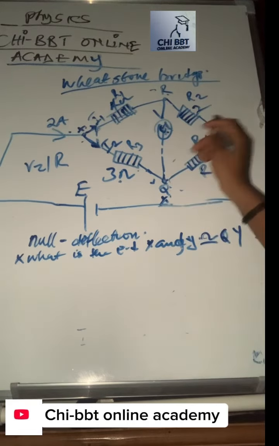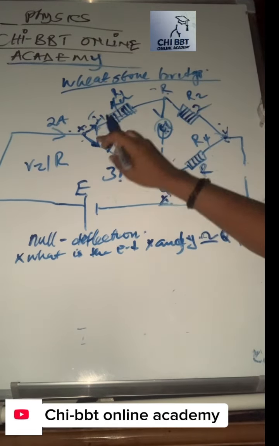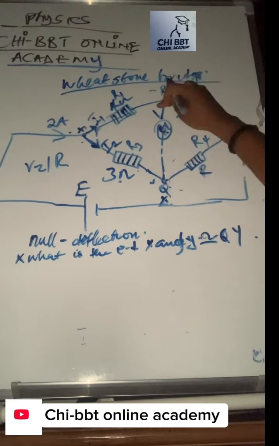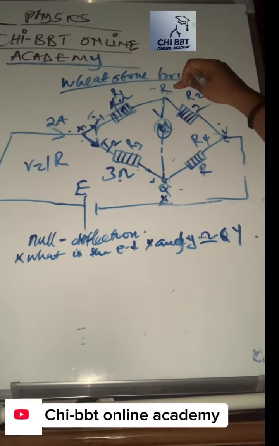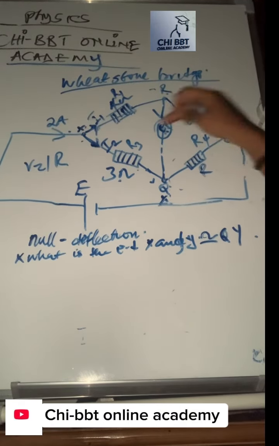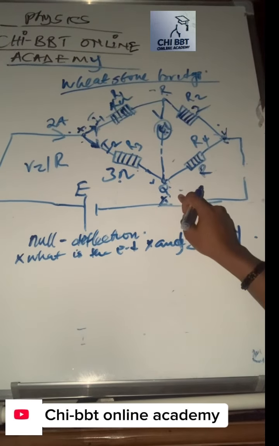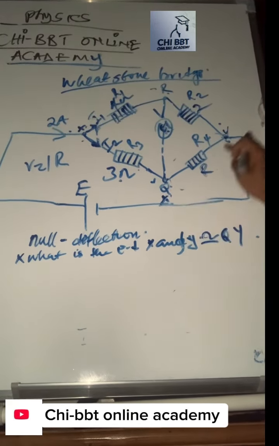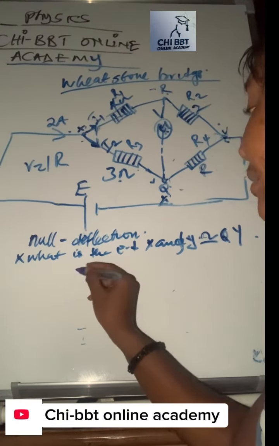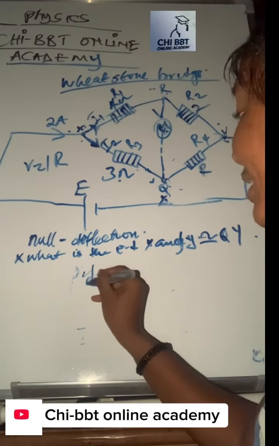So you will say that the potential difference across X arrow is the same as the potential difference across arrow Y. The potential difference across XQ is the same as the potential difference across Q arrow.